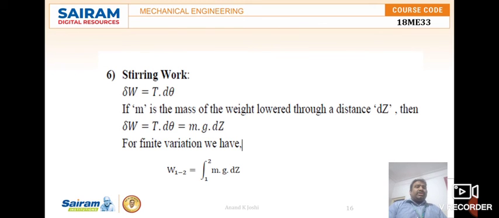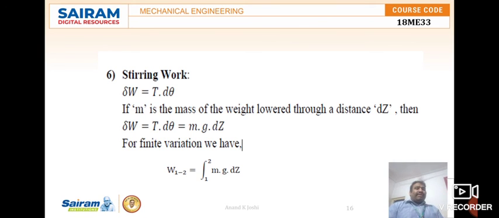Next, stirring work. Stirring work means rotating an object with the help of some force, so delta W equals T into d theta. As we discussed, m is the mass of the weight lowered through the distance dz.